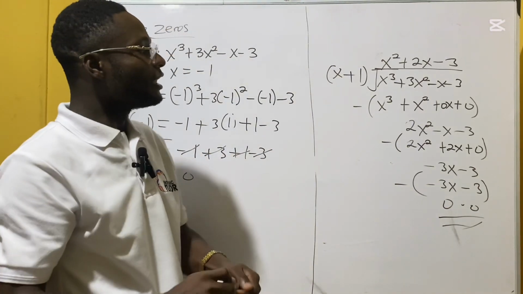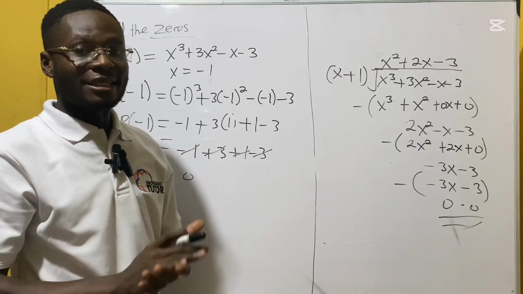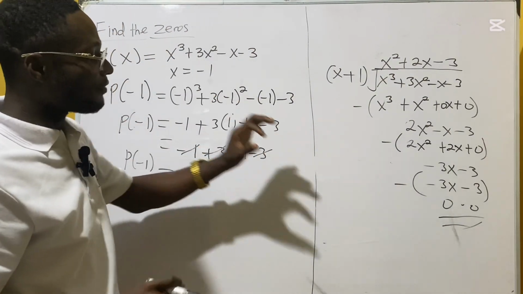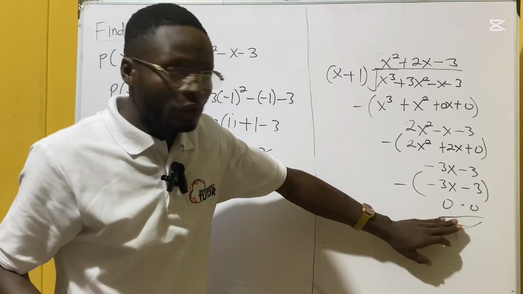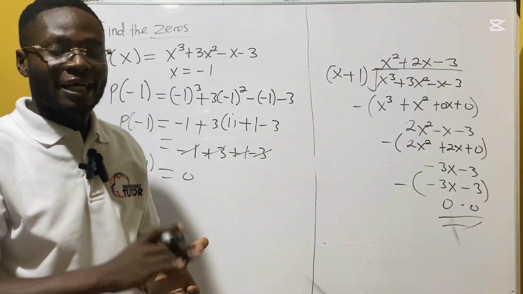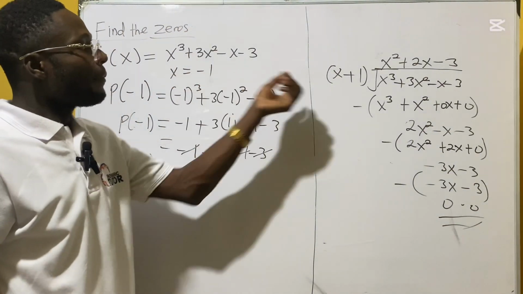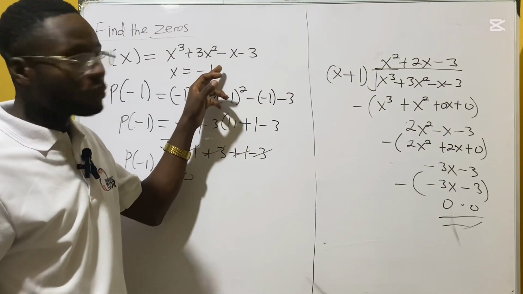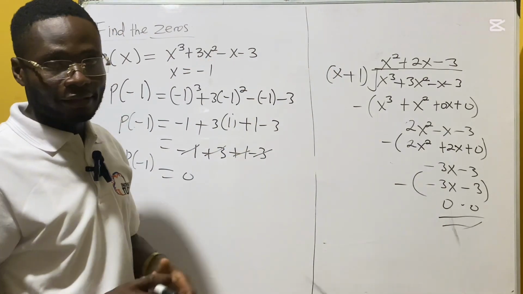Meaning x plus 1 is indeed a factor of this polynomial. Once we have the result to be 0, that confirms that x plus 1 is a factor of x cubed plus 3x squared minus x minus 3.